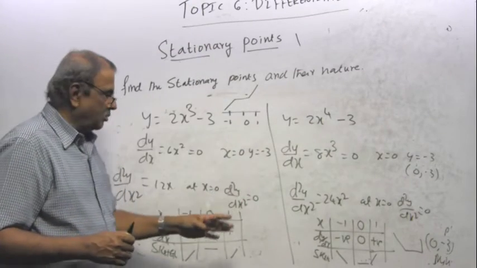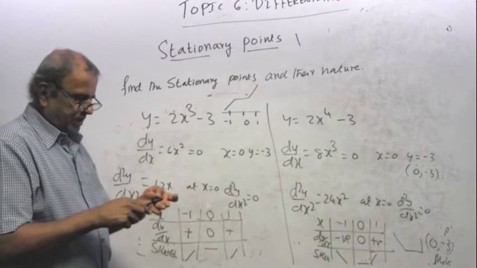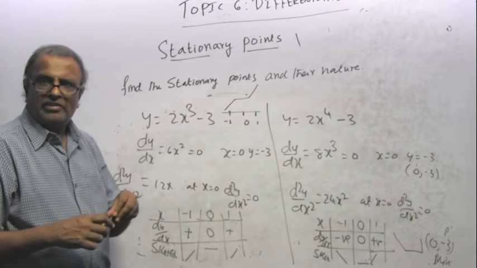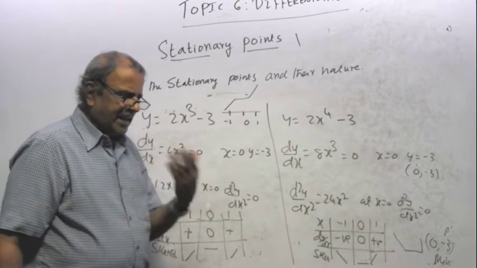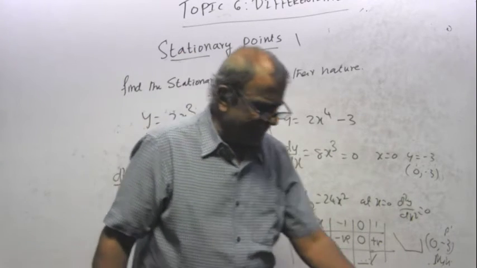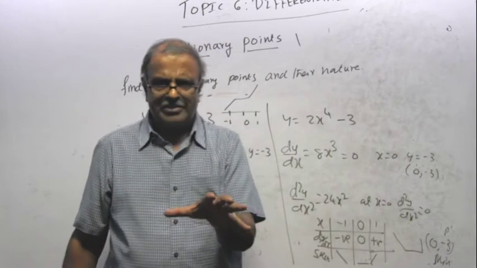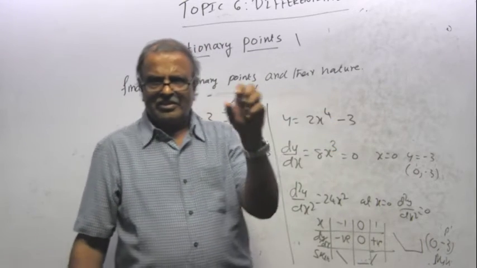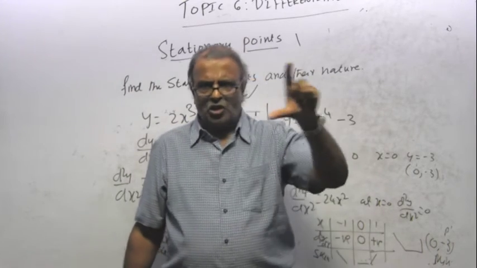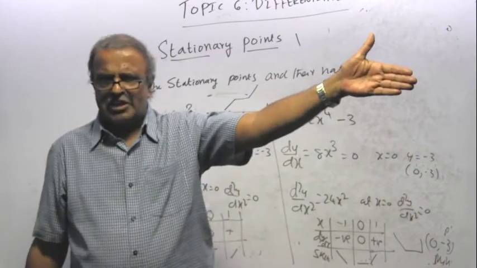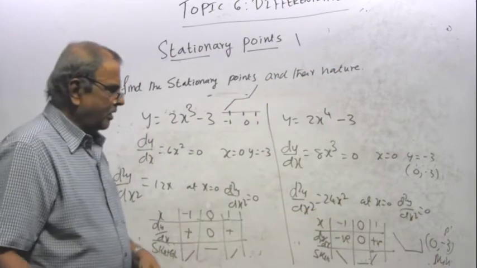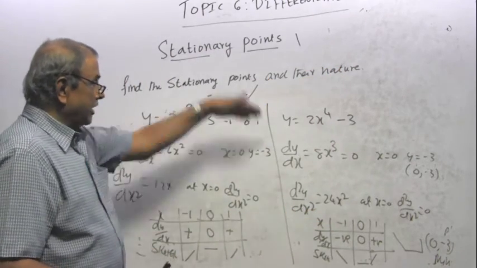Don't blindly assume that just because d squared y by dx squared is 0, it is always an inflection. I don't think it is in your syllabus, but I will discuss in short the conditions for inflection in the next lesson. I'll take more examples to show you.